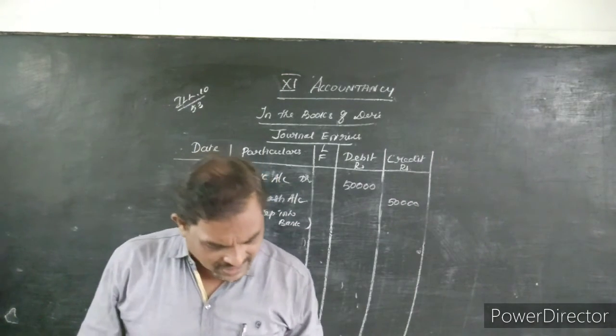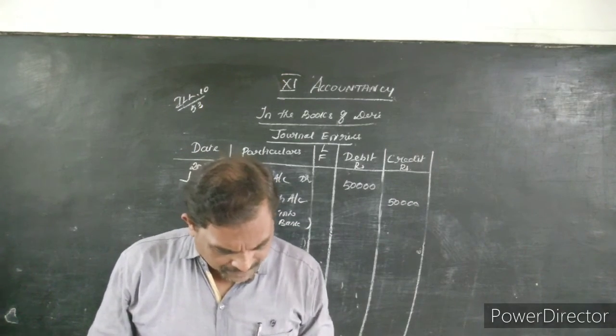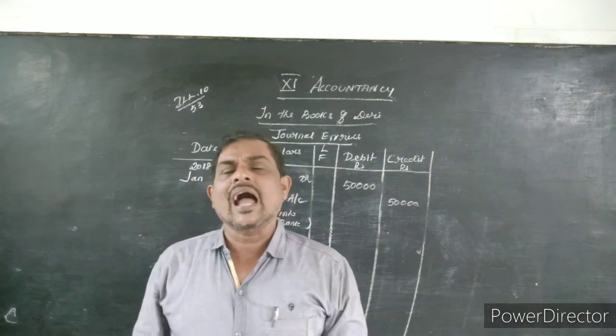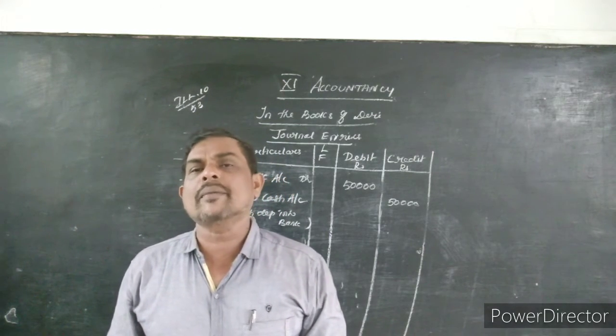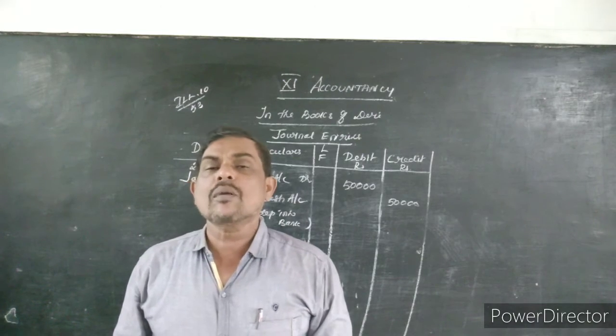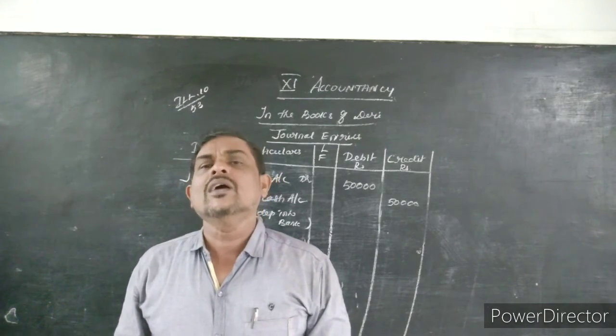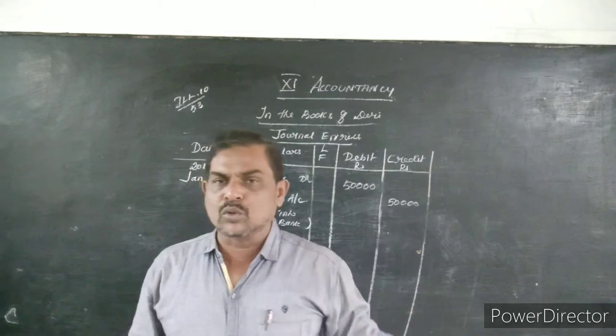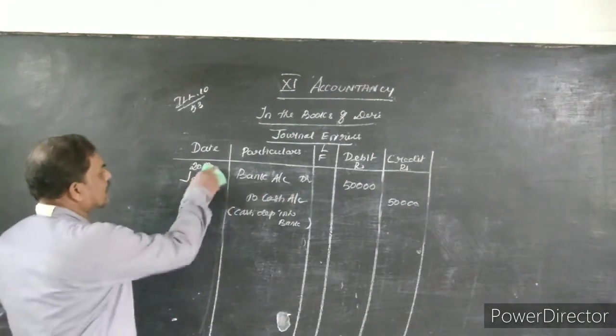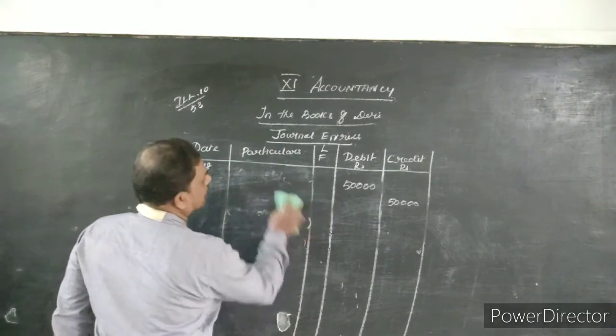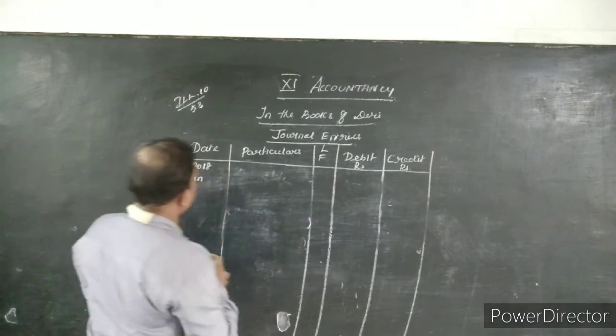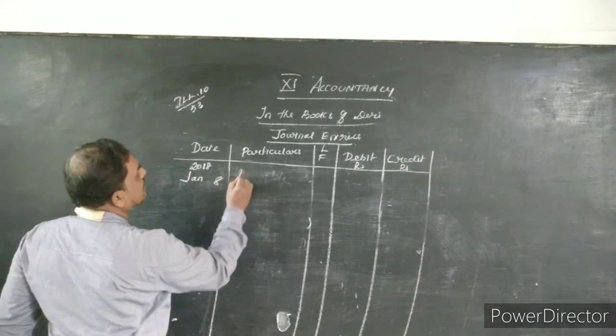So what happened? I purchased goods from Z and company and am paying through debit card. Debit card is nothing but bank. So purchase of goods is purchase account debit to bank account, because I am paying the amount through bank. What is the date? Date is 8.